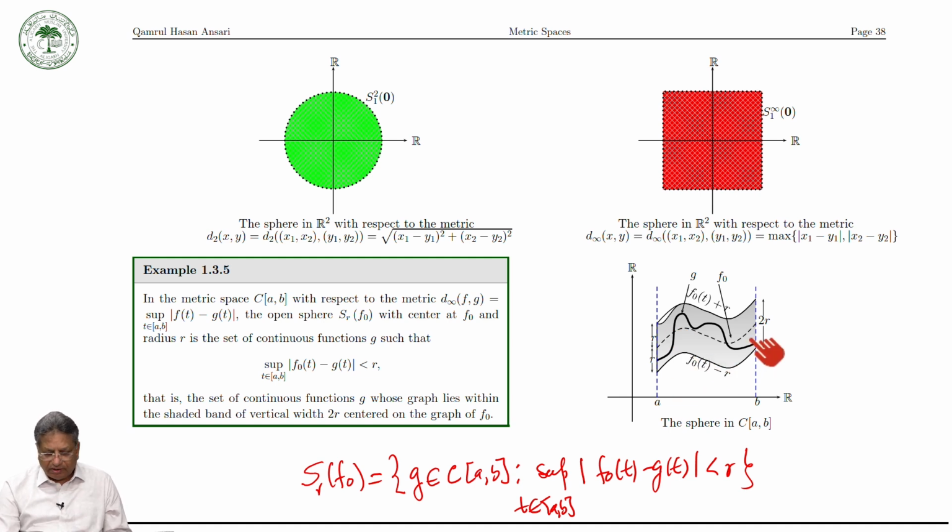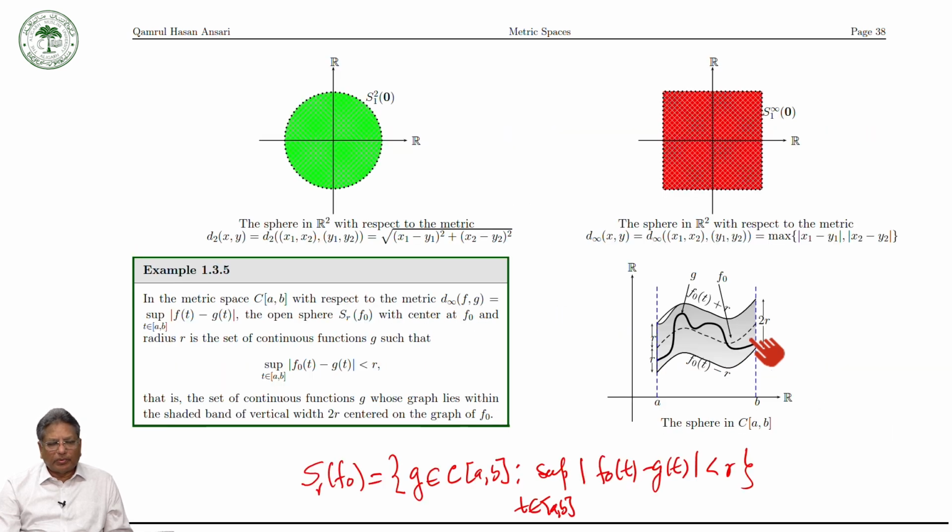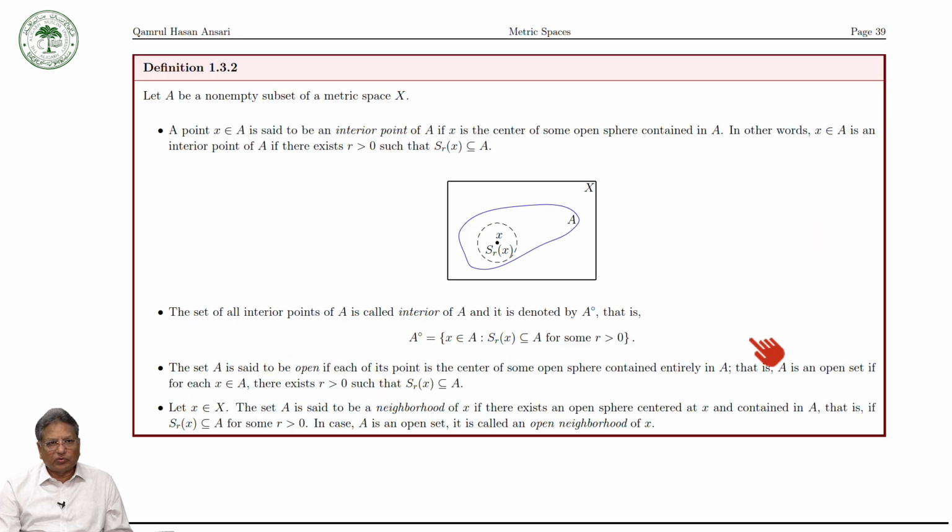So that is the way you can see the shape of an open ball in C[a,b]. This is the way to check the open ball, closed ball, open sphere and closed sphere. Now we will define the interior of a point.